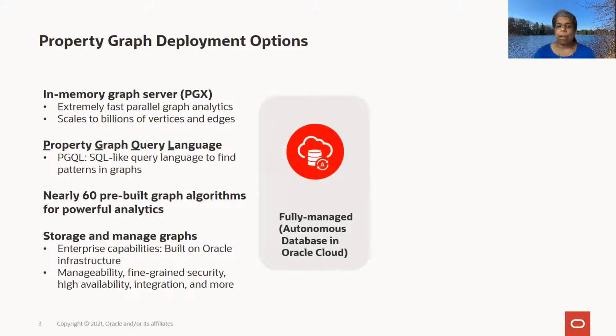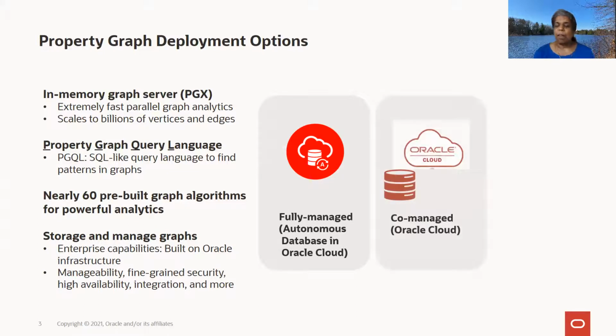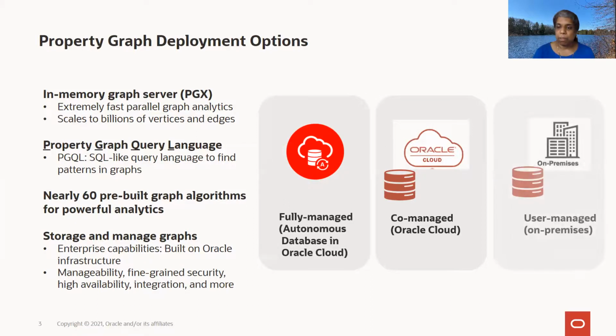So when it comes to deployment options, there are three categories. One is a fully managed option where you provision an autonomous database in Oracle Cloud and then use the graph feature available with autonomous database. It's the quickest way to get started with using graphs. Then you have the co-managed option where you use Oracle Cloud infrastructure, but you install and deploy your database, and you would also install and deploy the property graph components like the graph server and the graph client components using a marketplace image.